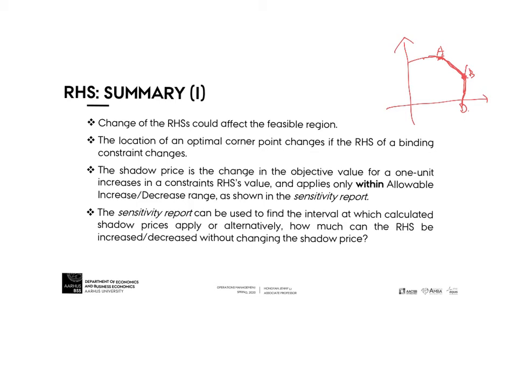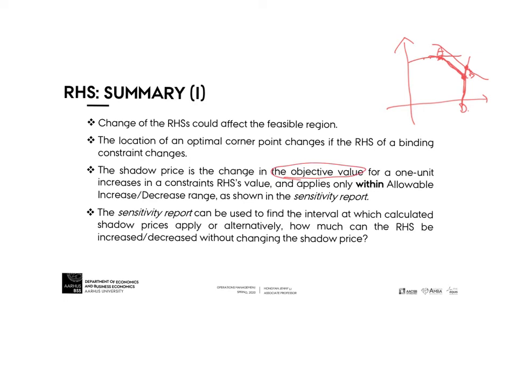If you change the right-hand side of AB, you move up on the line, but given the allowable increase and decrease, the optimal solution will still be at the intersection between AB and BD. The shadow price is the change in the objective function for a 1 unit increase in a constraint value, and applies only within an allowable increase and decrease range. That's how they affect your objective function value.